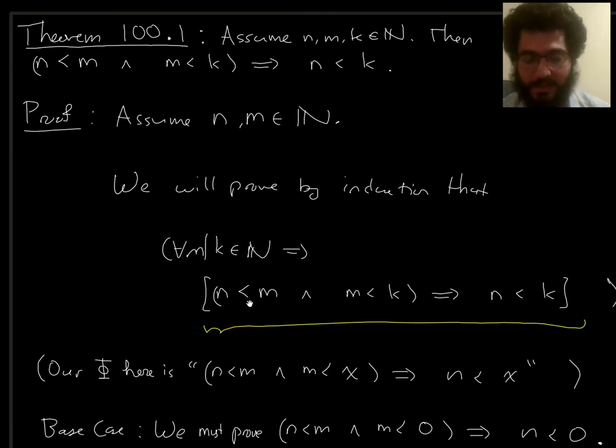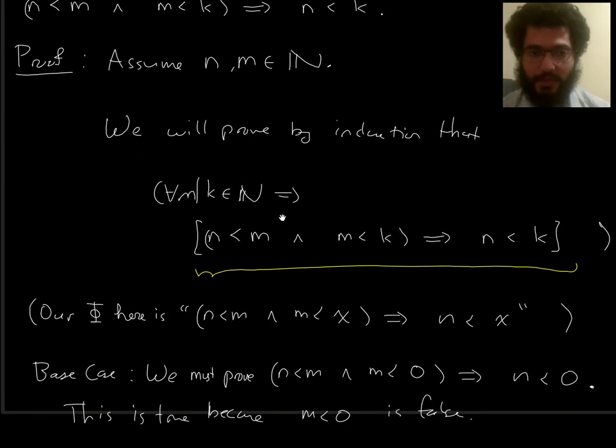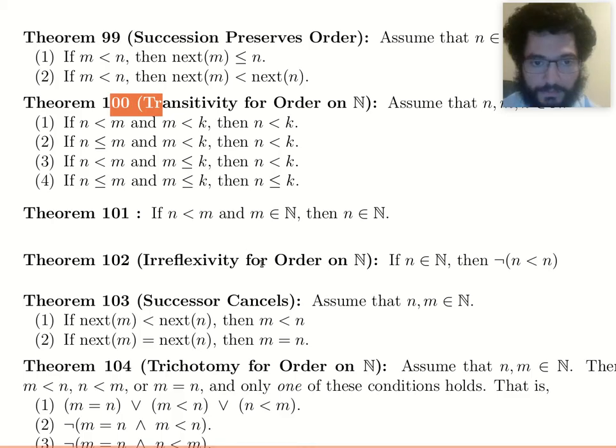In our work, we don't use that n and m are natural numbers, but we do use inequalities where n or m sit on the left side. And that makes them sort of elements of natural numbers, since the less than relation is actually a membership relation.